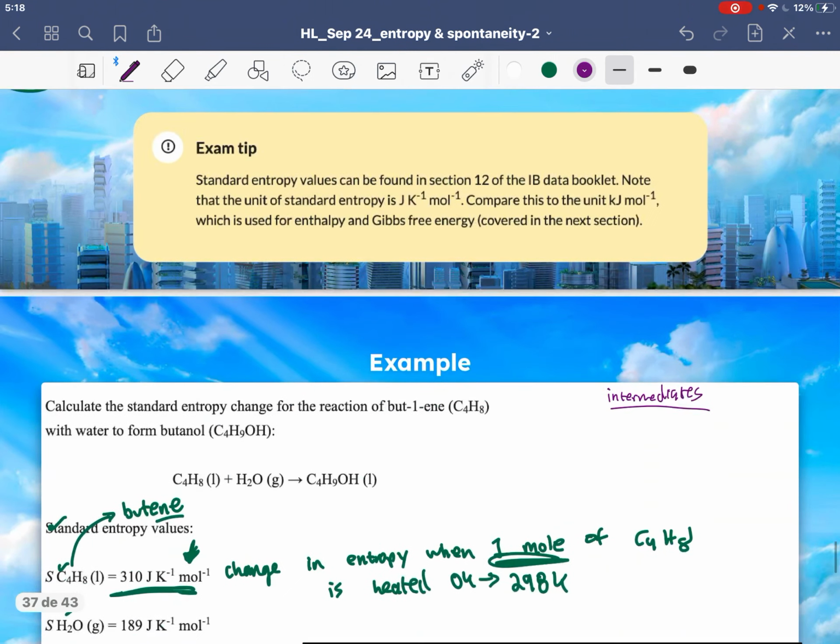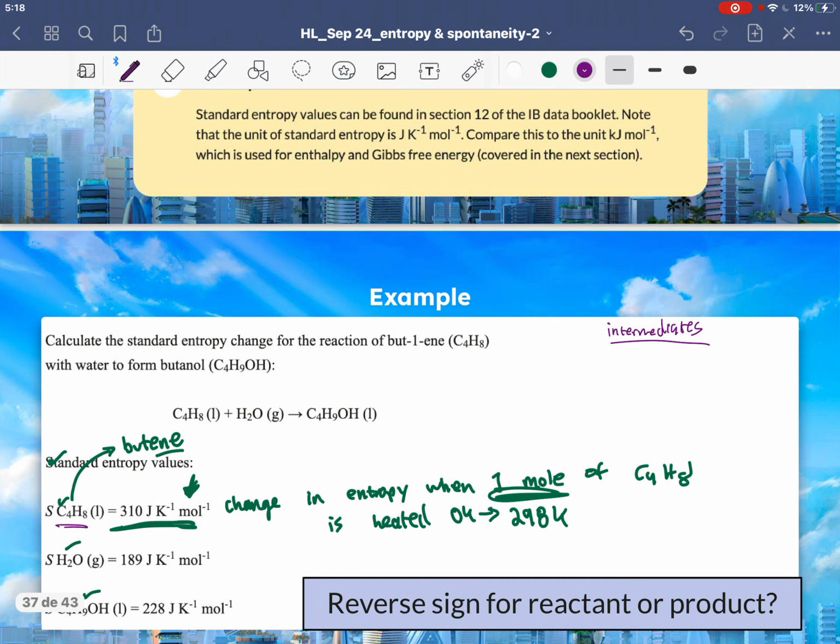That would be kind of a weird thing to think about, but if it's helpful to relate it to what we did before, at 0 Kelvin, obviously C4H8 would be a solid, going to C4H8 liquid at 298 Kelvin.